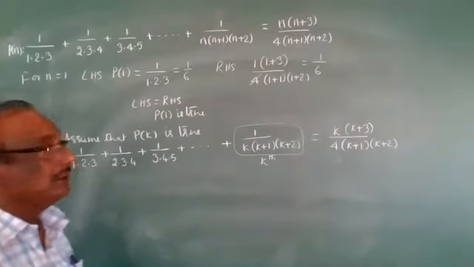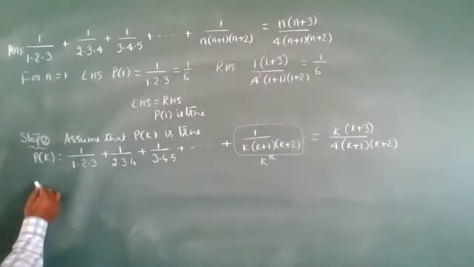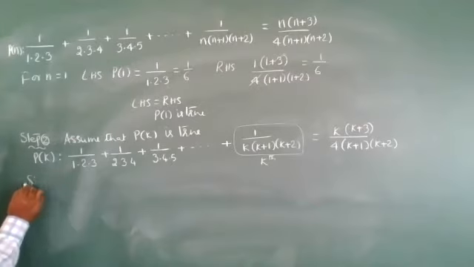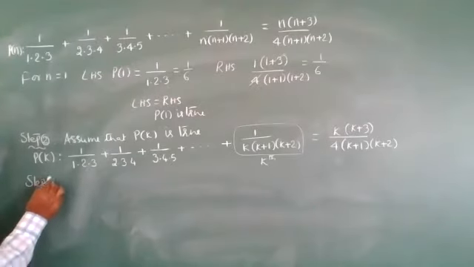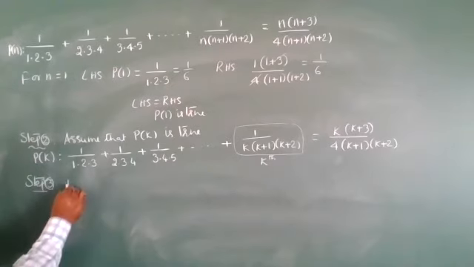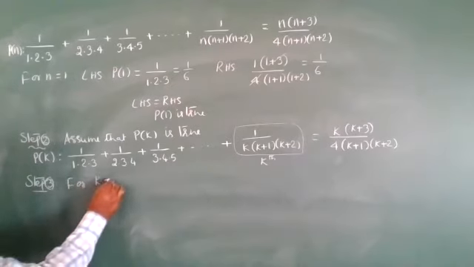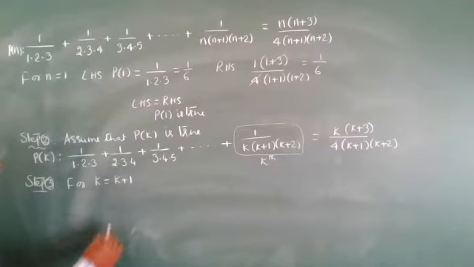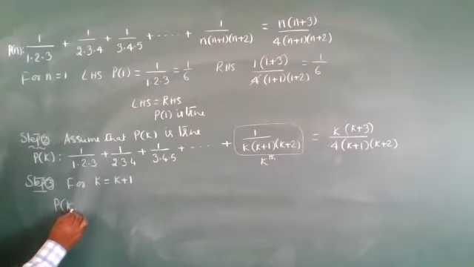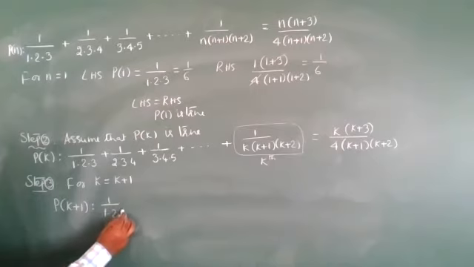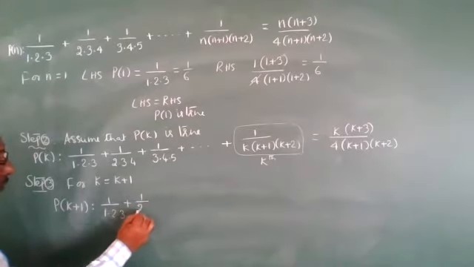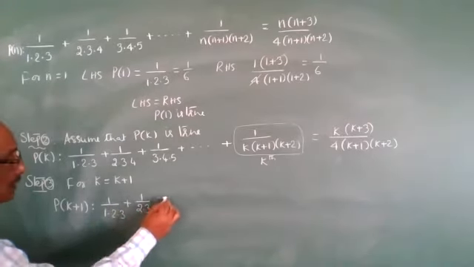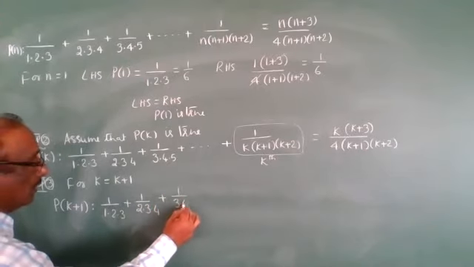Everyone, write down the P of k plus 1 statement. Step 3. For k place, take k plus 1. Take k plus 1 numbers. First number is 1 into 2 into 3. Second number is 2 into 3 into 4. Third number is 3 into 4 into 5.